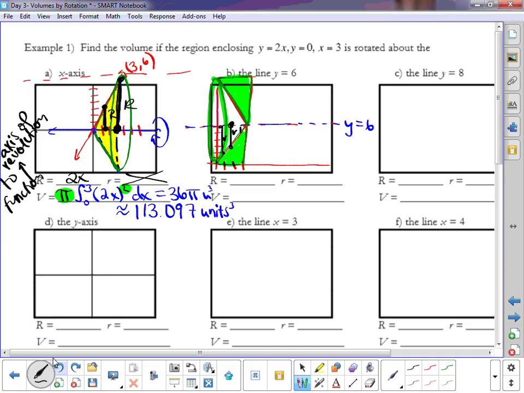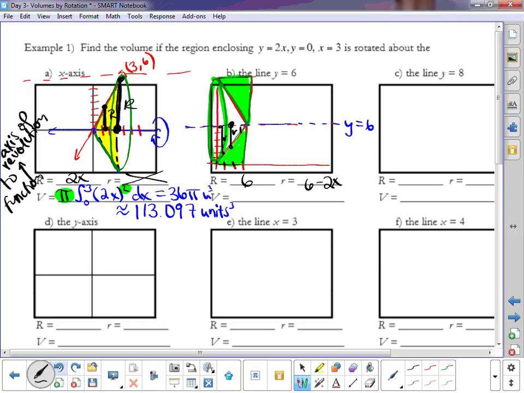All right, who feels confident that they know what this radius is? Wants to give it a try? Go ahead, Rachel. 6 minus 2x. Yes, 6 minus 2x. So our big radius, we said, was 6, because no matter where we are, it goes to the outer edge, so it's the height of 6.